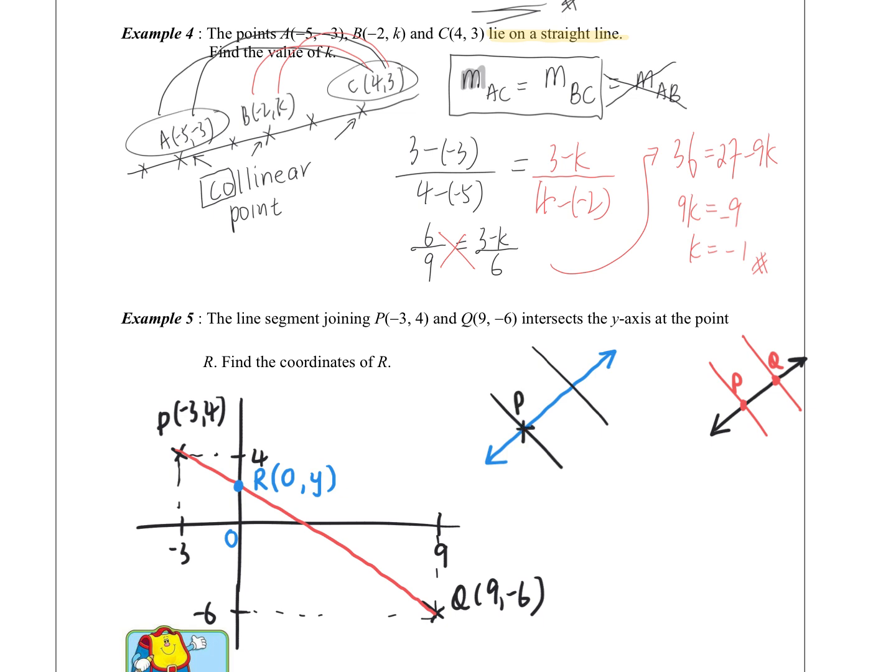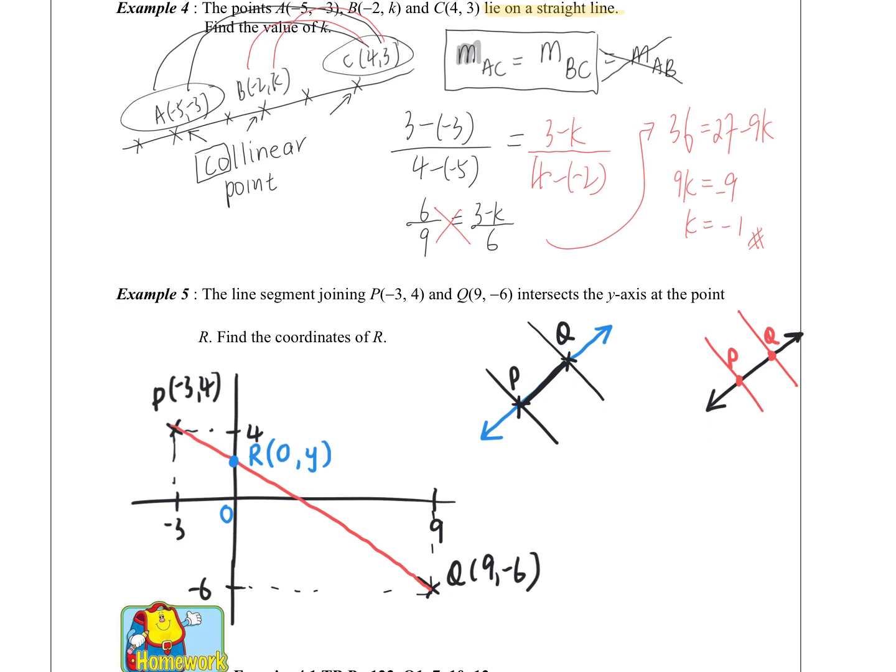So P and Q is a line segment, one segment of that line. So it is finite, but a line is infinite. You just need to know the terms they use have a meaning behind them.